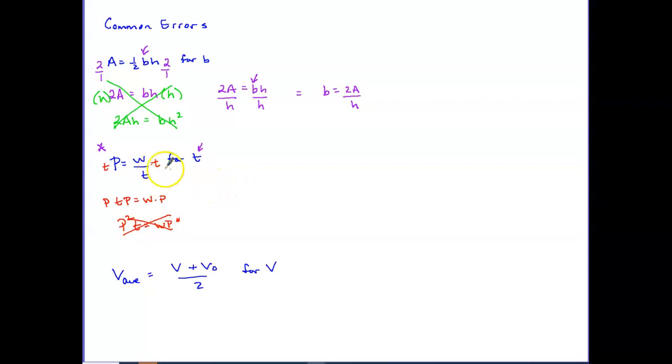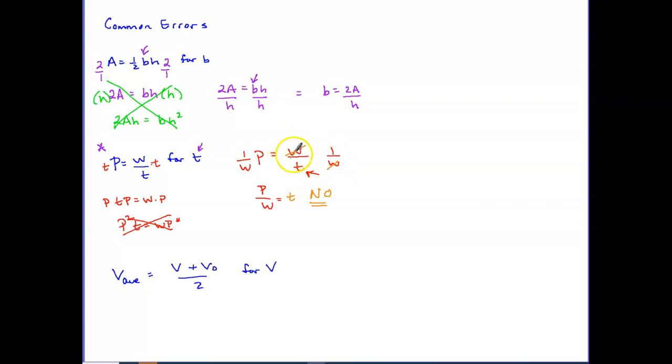The other thing that I see students do is, okay, there's the t, this is what I'm after. I want to move that w. So I'm going to multiply both sides by 1 over w, which is fine. p over w equals. And here's the mistake that they make. They say equals t. But it doesn't equal t. When they multiply this, the w's cancel.